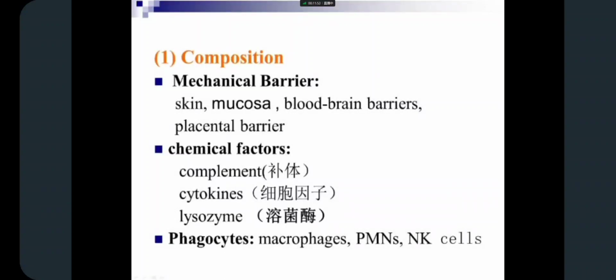Similarly, the more delicate epithelia lining the respiratory and digestive tracts are protected by a layer of mucus, which can trap, dissolve, and sweep away foreign substances.